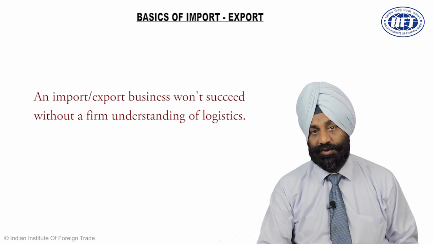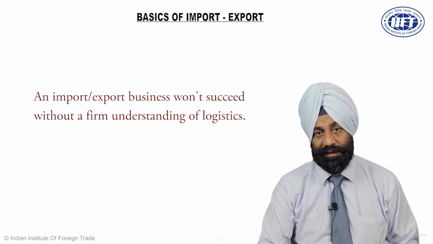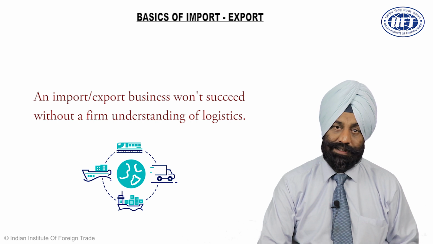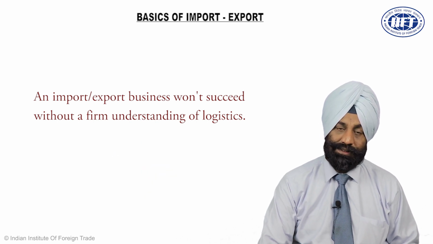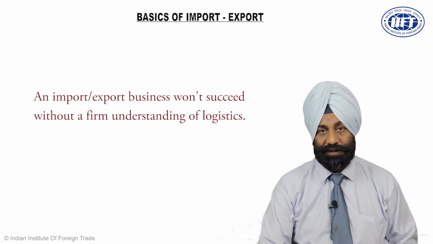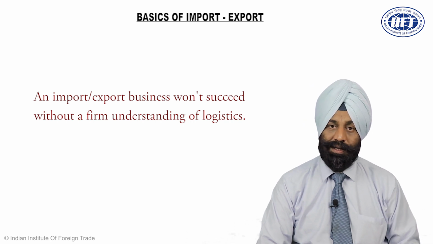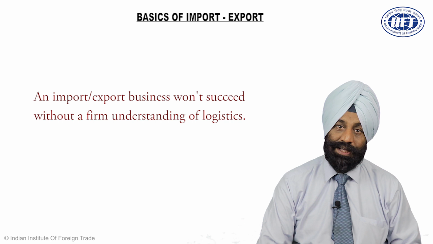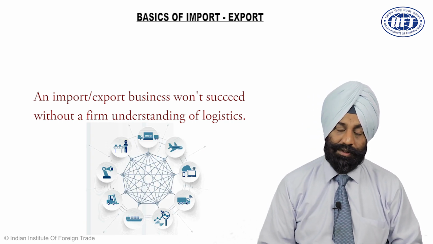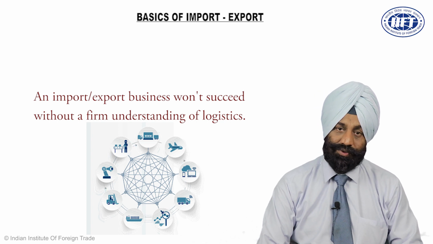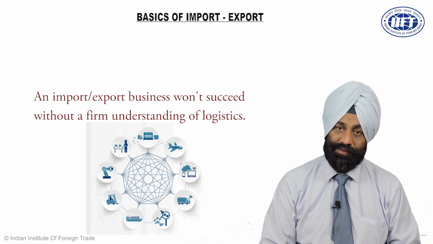Dear friends, we also understood the role of packing, labeling, and marking. When we discussed packing, we understood that there are three purposes being served: number one, promotion of goods, preservation of goods, and protection of goods in international logistics. We also understood labeling and marking of export-import consignments, and we took some practical examples also. And dear friends, we also understood the role of containers.